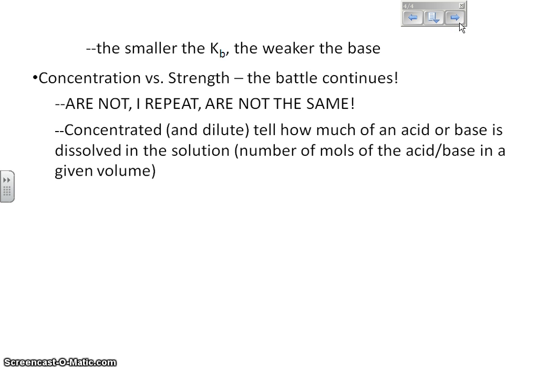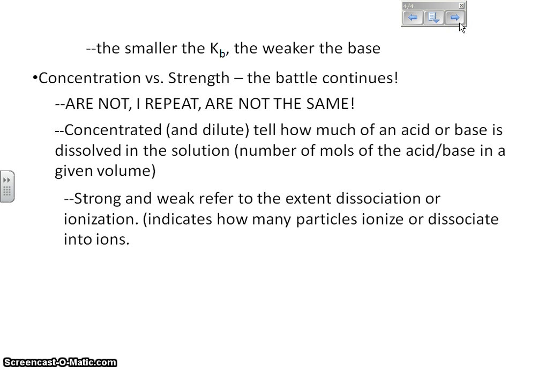So, concentrated and dilute is basically the same thing. Concentrated tells you how much of an acid or a base is dissolved in the solution, and that is the number of moles of the acid or base in a given volume. Strong and weak refer to the extent that dissociation or ionization takes place.